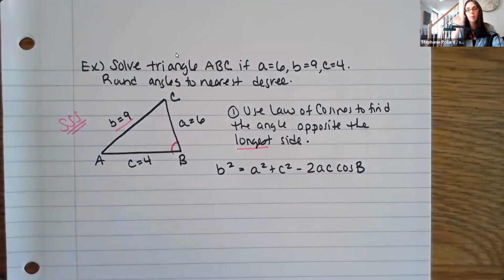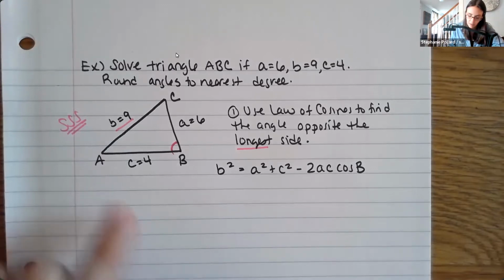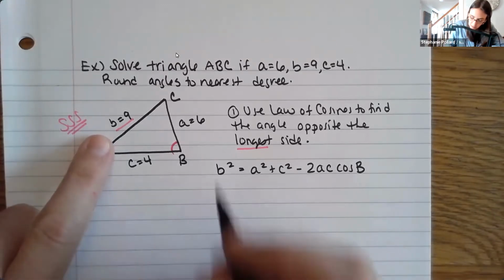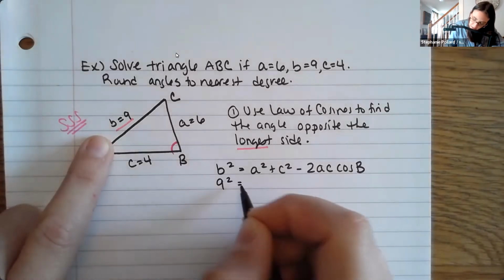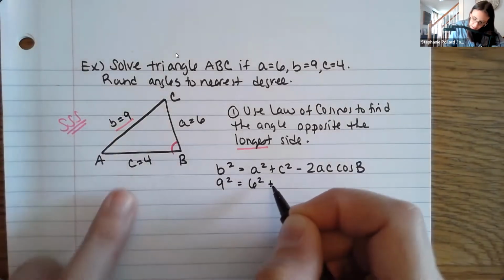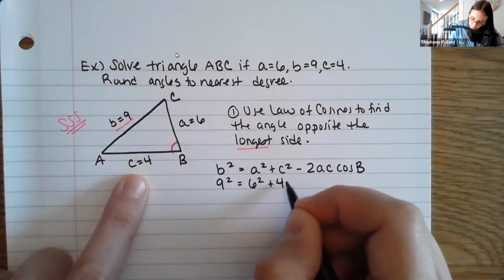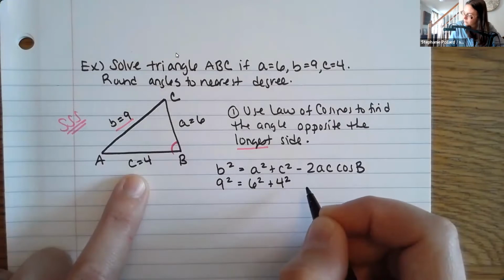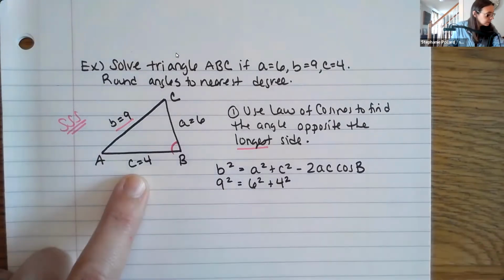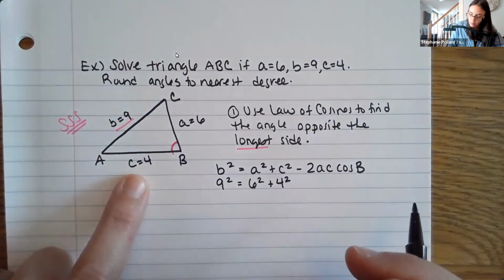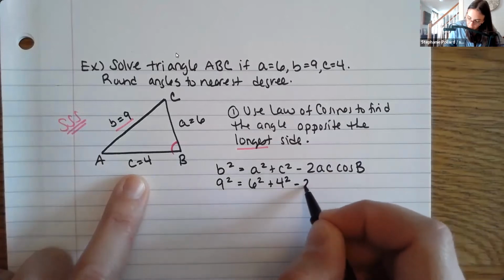And then I'm just going to start plugging everything in. B is 9, so 9 squared. A is 6. C is 4. It's 9 and 4. Okay, just making sure I have all my numbers correct.